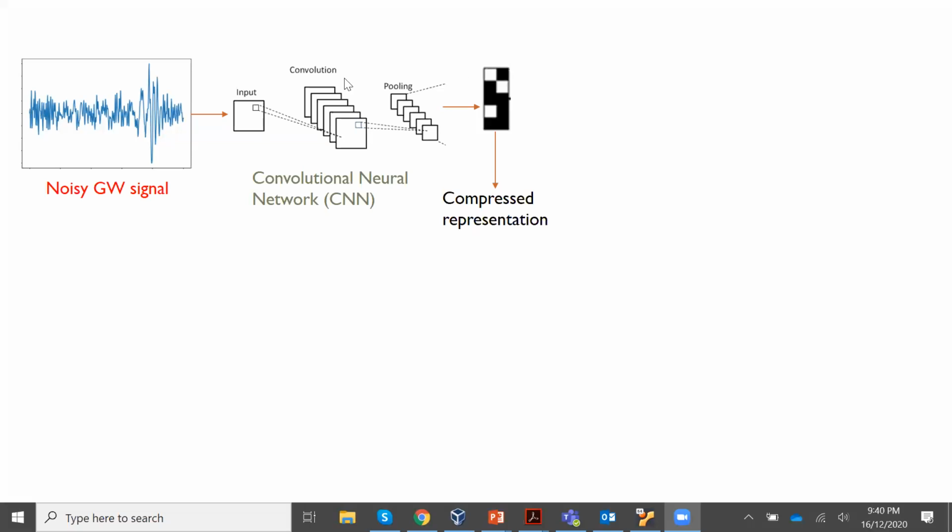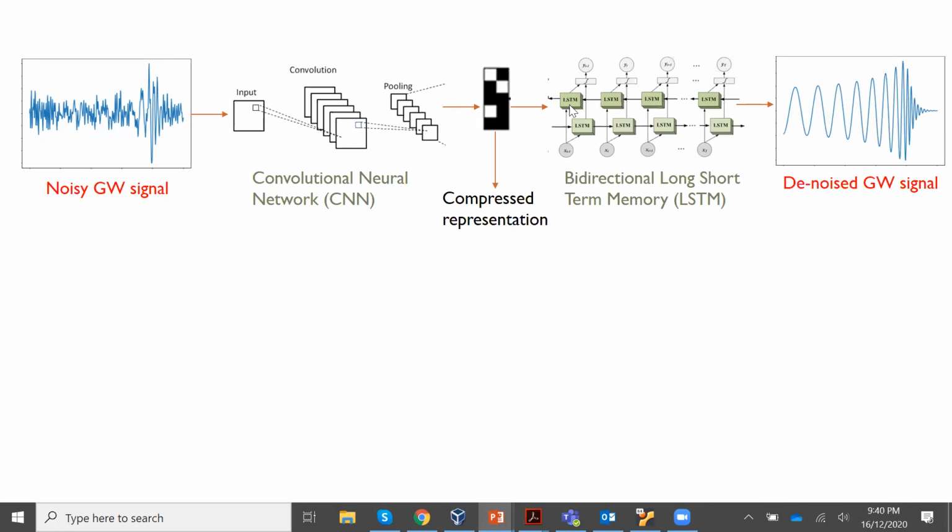So this is the encoder that is extracting the features from my input signal, and I'm getting the compressed representation here. The decoder part of the network is getting the denoised gravitational wave signal from this compressed representation. For the decoder, I use another kind of neural network, which is called a bidirectional long short-term memory.